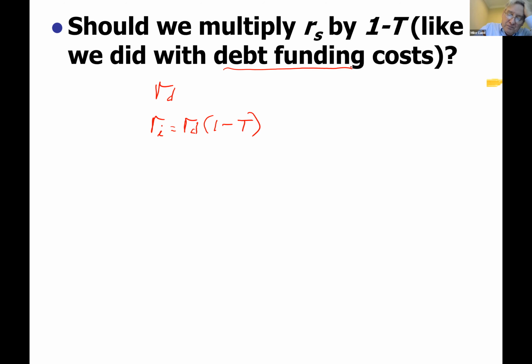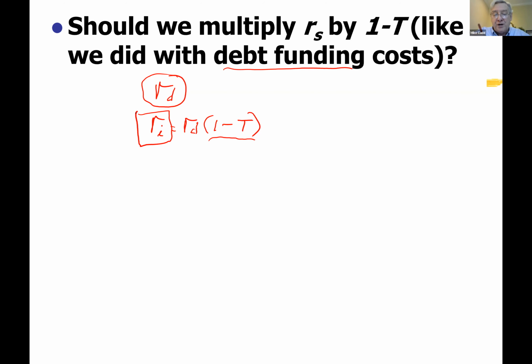All right. Once again, back when we found the before tax cost of debt, we adjusted it by multiplying it by 1 minus the tax rate to get the after tax cost. Why? Because debt incurs interest expense.